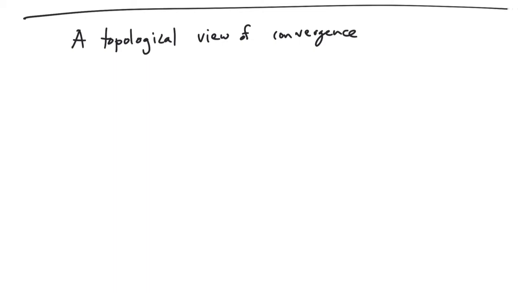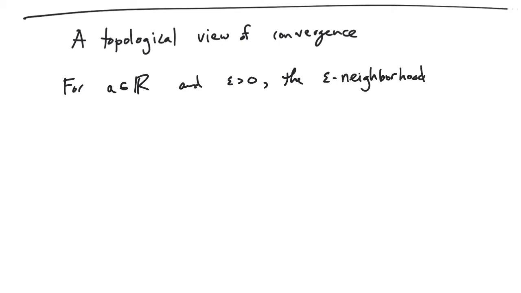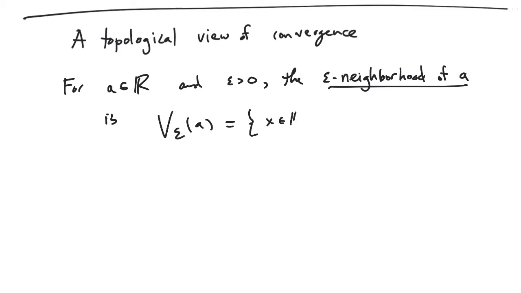So you can express the definition of convergence in what I would call a topological viewpoint. Here's a very simple definition. For some real number A and some epsilon greater than 0, this is called the epsilon neighborhood of A. Our book writes this as V sub epsilon of A, and it is the set of x in the real numbers such that the absolute value of x minus A is less than epsilon.